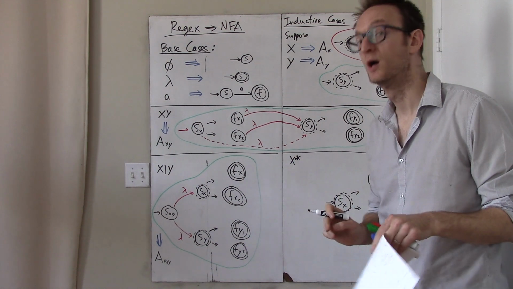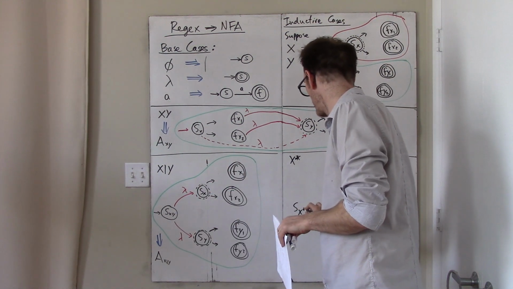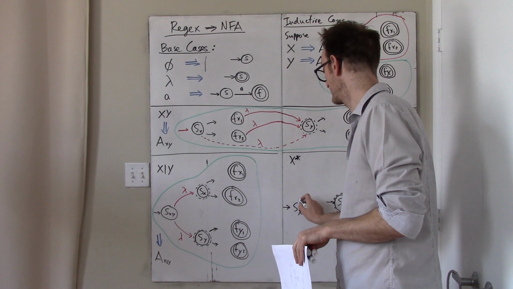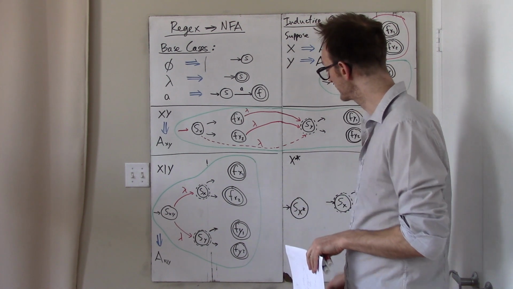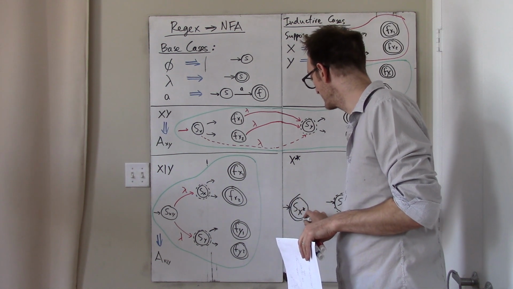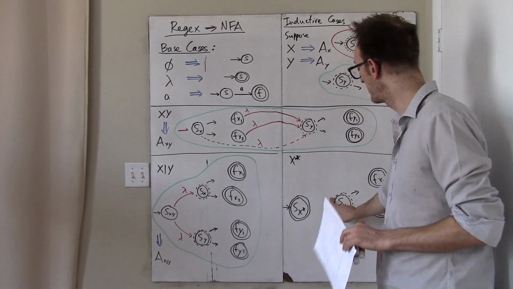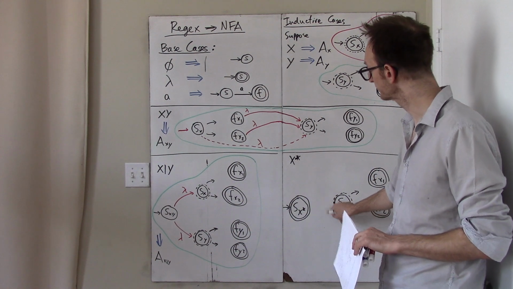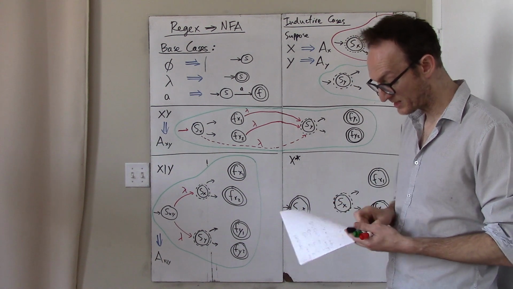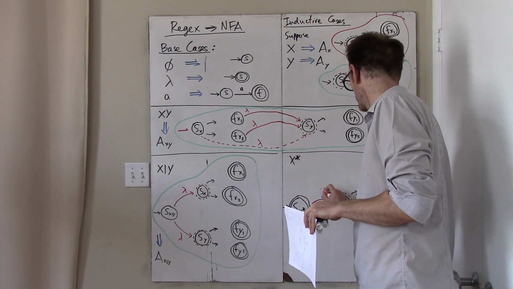Create a new state, call it Sx star. This is going to be the new start state of this overall machine. And owing to the fact that the null string matches x star, I'm going to make this an accept state automatically. Then remove the start state status of what was the start state at Ax, of course, since there can be only one start state per machine. And simply lambda from here to here. So, okay.